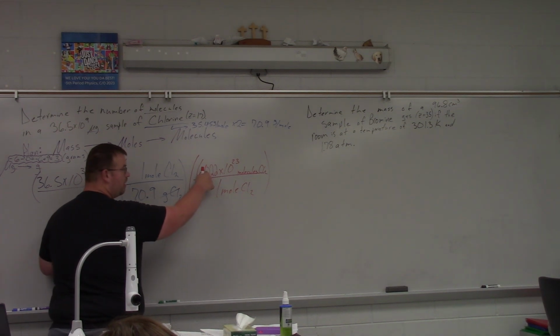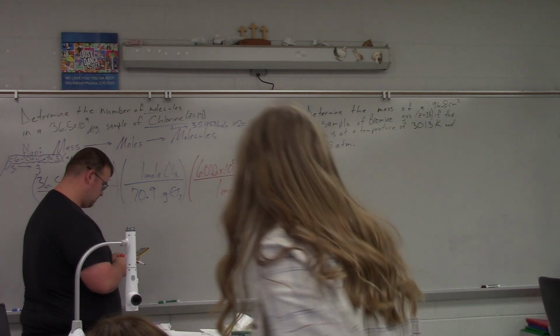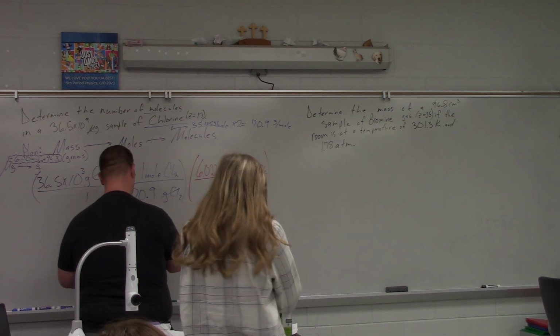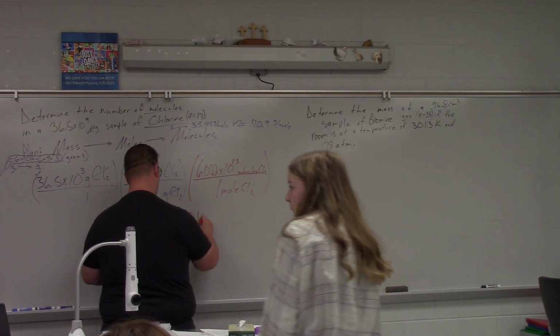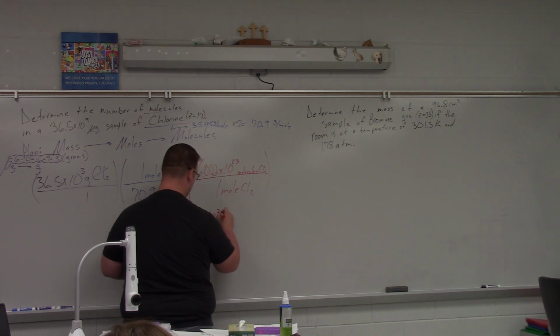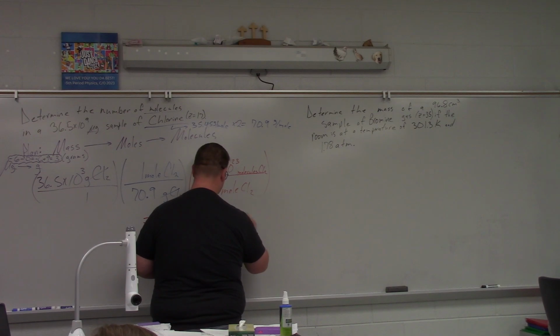This number is in the numerator, so I will multiply by this one. And we will get 3.1001 times 10 to the 26 molecules of Cl2.